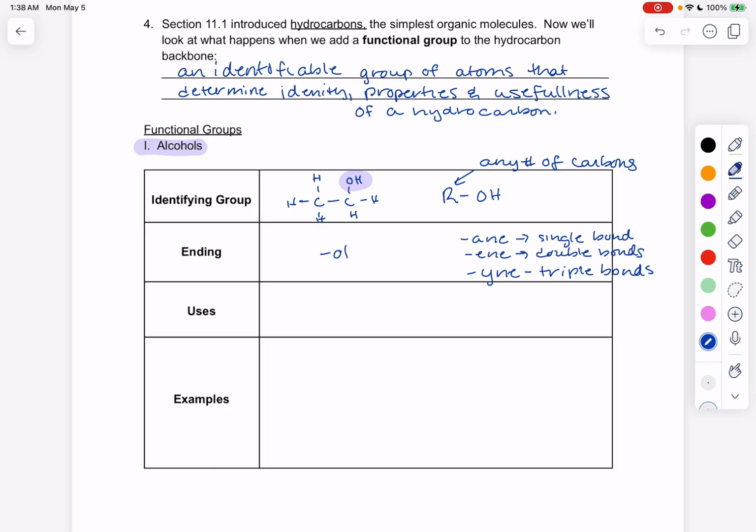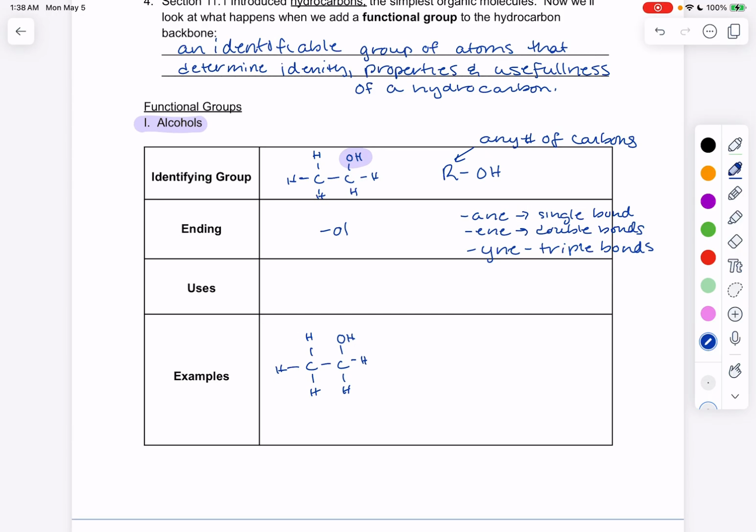I'm going to show you one. All right, so the first one I'm going to show you is this C, the one I just showed you up there. How many carbons does it have? 1, 2 carbons. And then it has this thing sticking off of it. Just like our other things that we had to name, this one we're going to name with how many carbons it is.